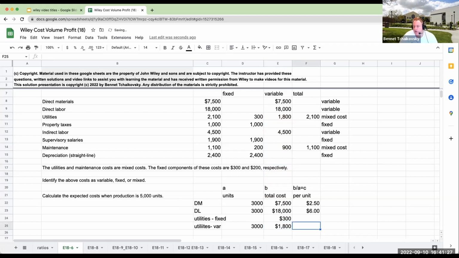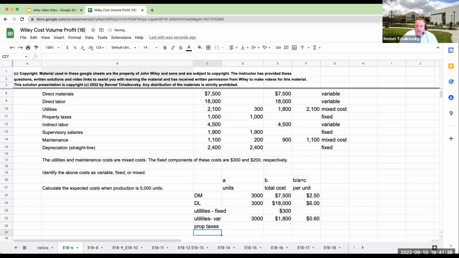So therefore, my per unit here is going to be 60 cents per unit. My property taxes, this is basically at the 3,000 units. This is still going to be at 1,000, right? That's not going to be changing. This is basically fixed cost.